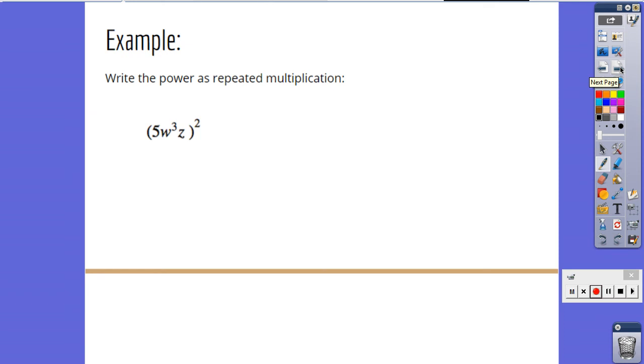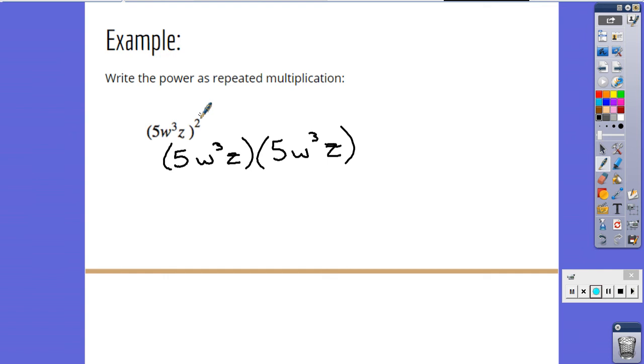Okay, lastly, we've got a whole bunch of stuff happening inside of my parentheses. I've got 5w to the 3rd z, and I'm going to take that thing times itself, 5w to the 3rd z. So I have 2 of these pieces, an exponent of 2.